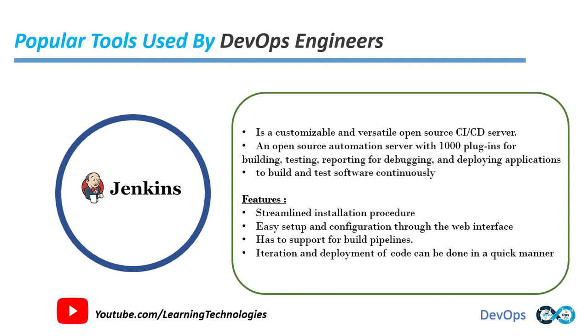Now, the features that allow Jenkins to be the best tool are a streamlined installation procedure, and easy setup and configuration through the web interface. Jenkins has support for build pipelines, and iteration and deployment of fresh code can be done in a quick manner. It performs as a constant delivery center for multiple projects.